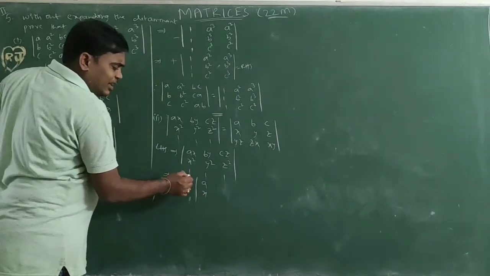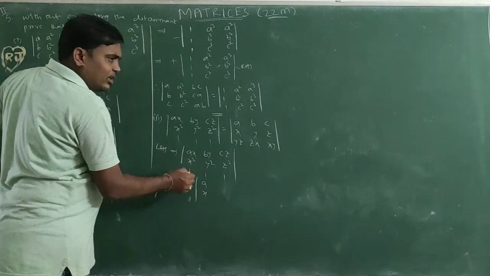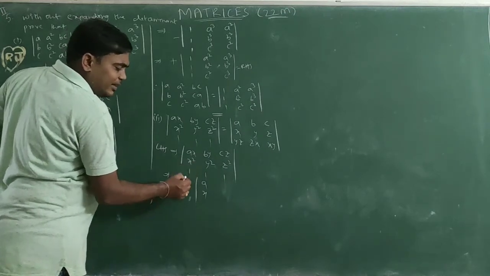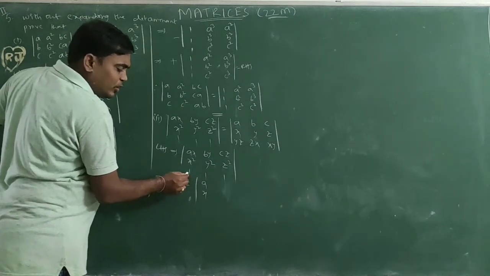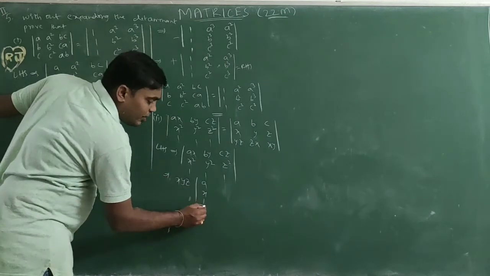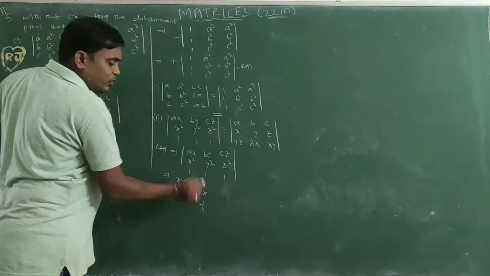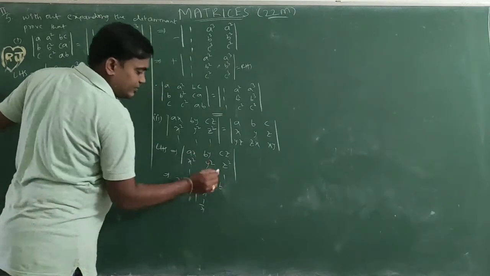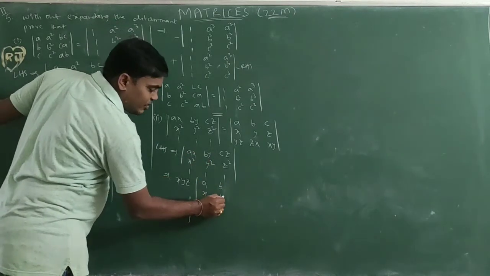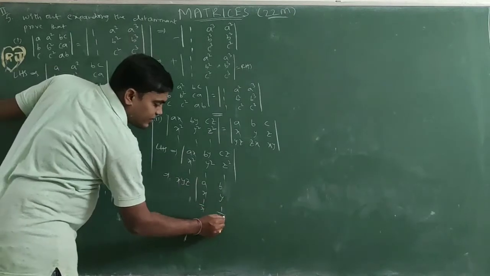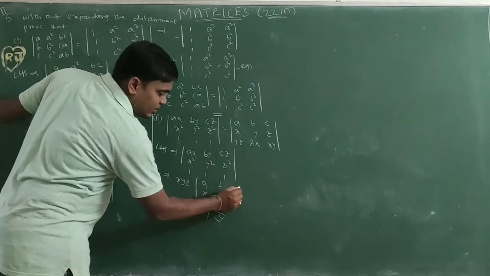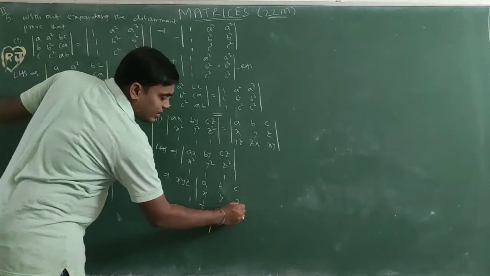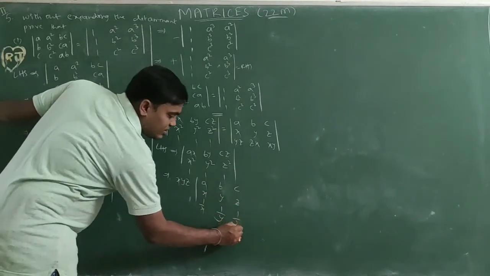In the third row it contains only 1, nothing common, so we take x common as 1 by x; 1 by x into x equals 1. Similarly, B, y square: y common, y, and 1 by y. Next, C, z square: z, and 1 by z.